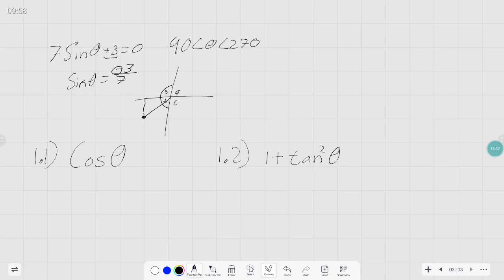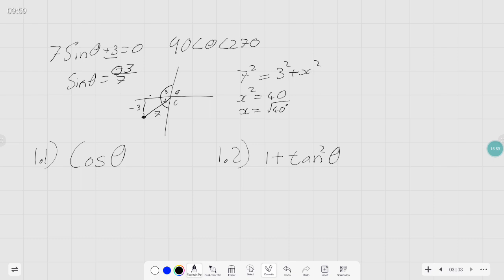Now, I know sine is opposite over hypotenuse, so it's negative 3 and 7. If I calculated that side, it was 7 squared equals 3 squared plus x squared. So x squared was equal to 40 at the end of the day, and x was square root of 40.